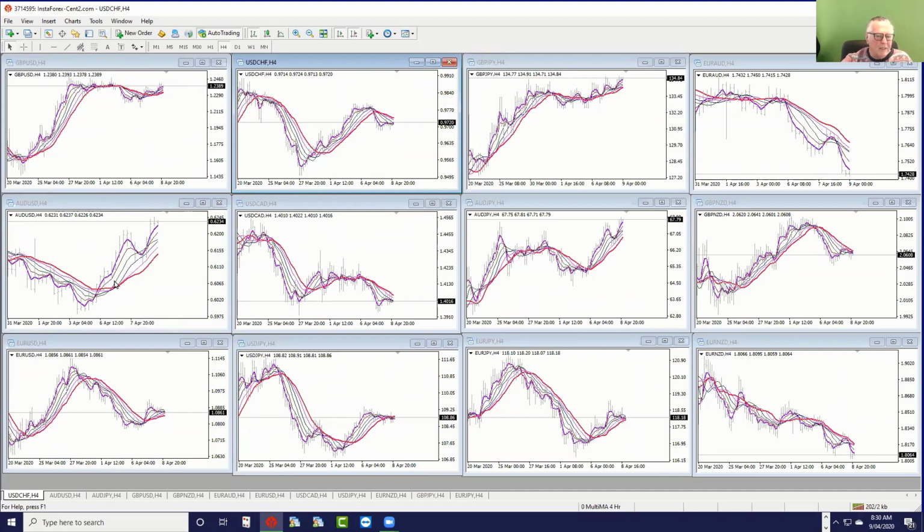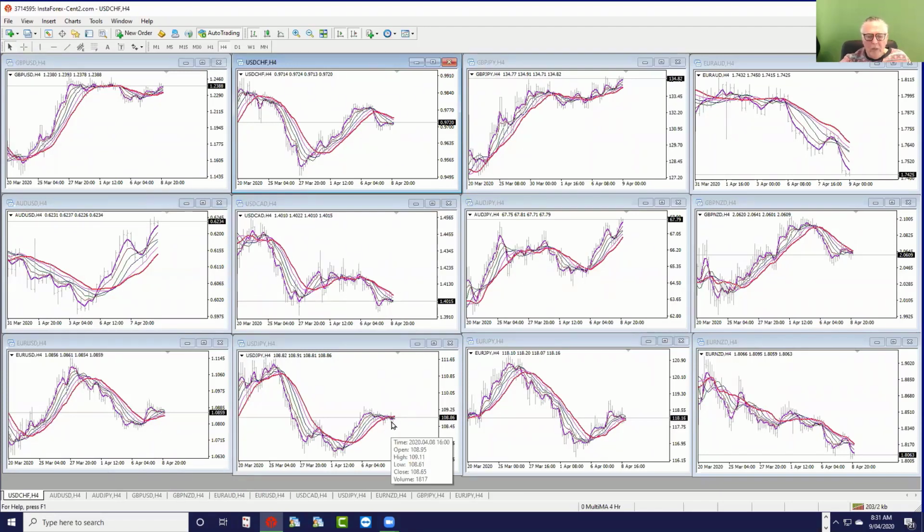The Aussie is actually trending upwards, and we got caught in that correction in the trend, but it's trending upwards quite nicely. The euro is softly trending upwards. CAD softly downwards, and then the yen is in a level of insecurity.